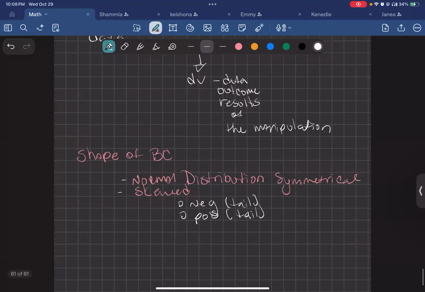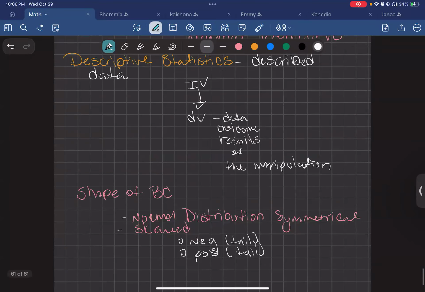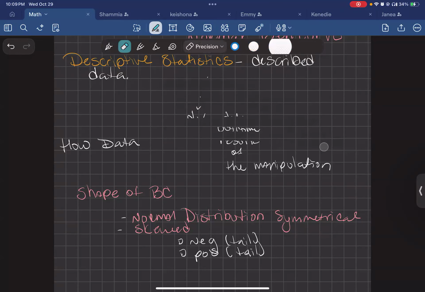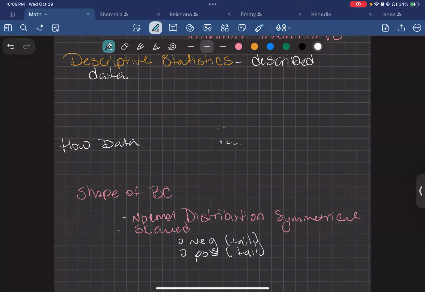The next thing that we look at is how data is used on the bell curve. As a matter of fact, let me write this here. How data is used on a BC, bell curve.